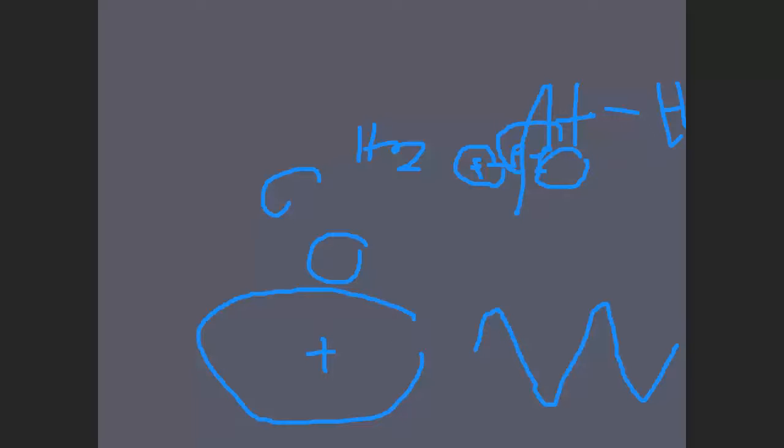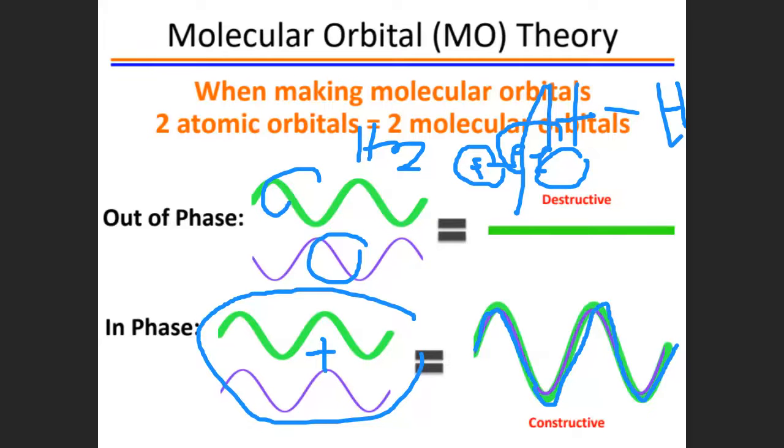But in the case of out of phase, maybe the electron is not available here, maybe it is on the other side. So the force you need to make a bond between the 2 atoms is not enough. In that case, sometimes a bond cannot be formed. That's called anti-bonding. Those are the things we are going to see today.